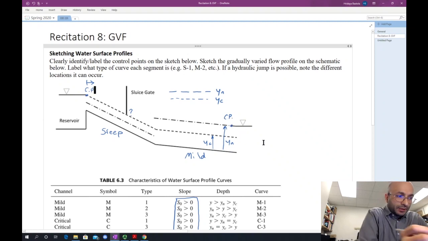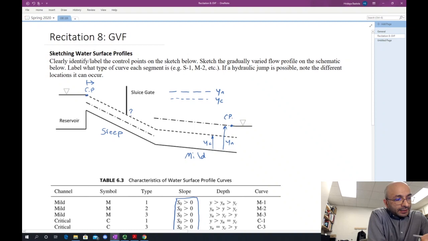So let me just start with the steep portion of the channel. Water starts at critical depth, but in any flow given time, the water will want to get to the normal depth. So you start from critical depth at a pretty large angle, and it will approach the normal depth at an angle close to 0.